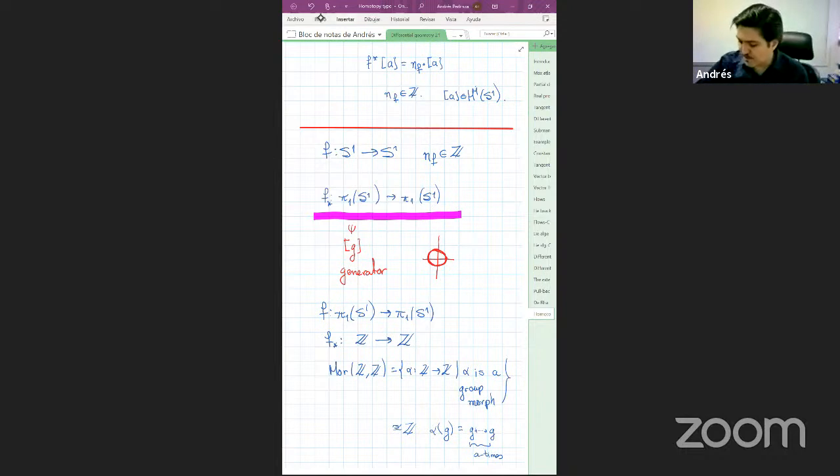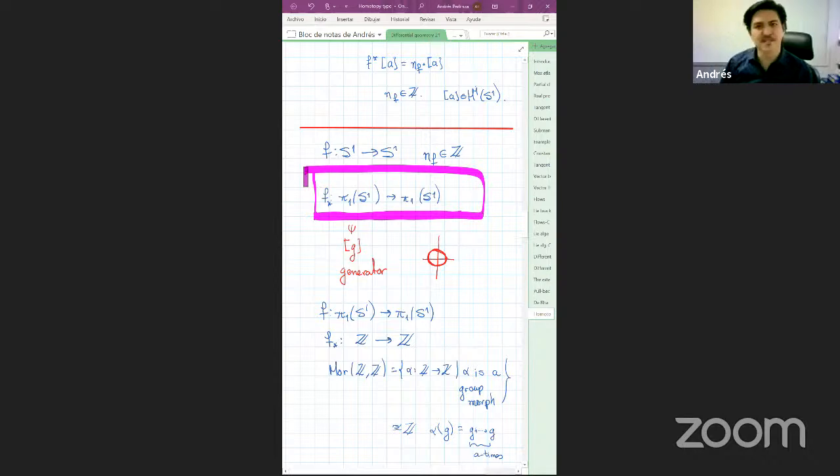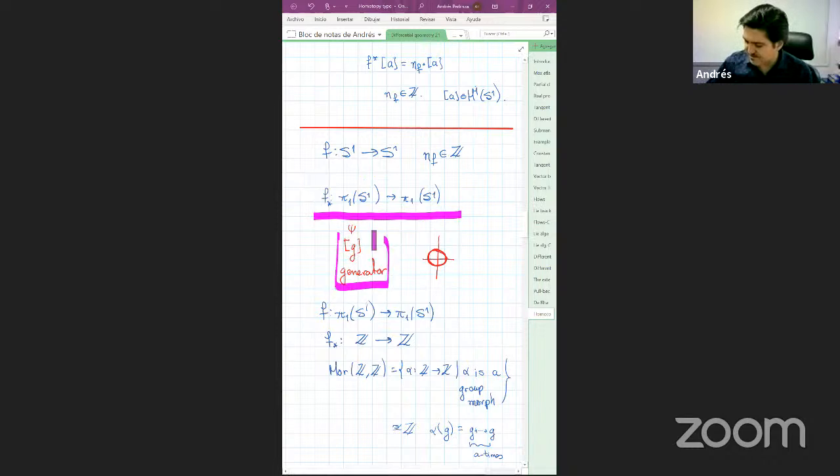And I want to understand this group map, this group homomorphism. So I take a generator here, that is, I go along the circle only once.